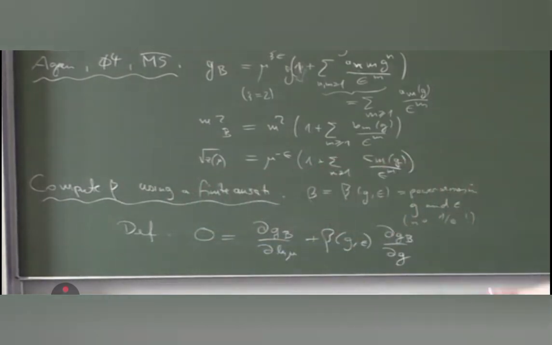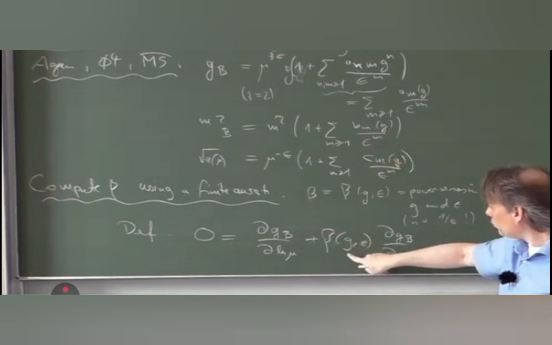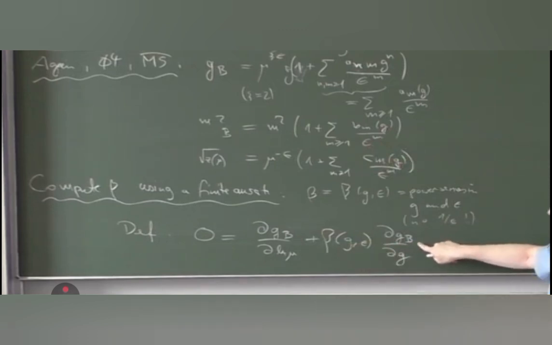And that's it. This provides us now with 3 power series. Here a power series in the coupling and 1 over epsilon, a power series in the coupling and epsilon, a power series in the coupling and 1 over epsilon, and the whole thing should be equal order by order. And we did this in the exercise, and let me just write down the result here.